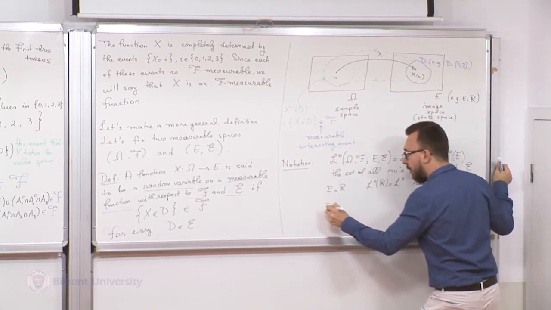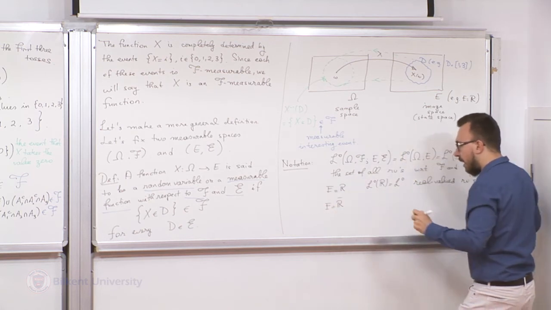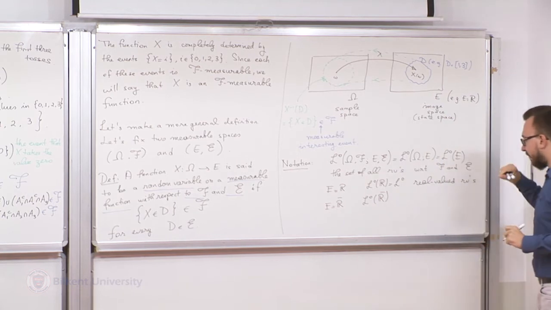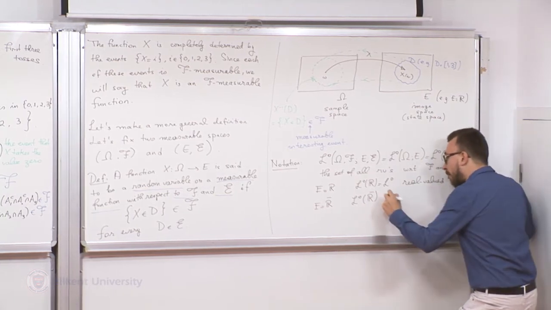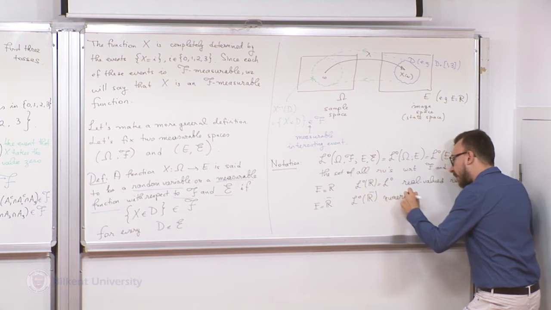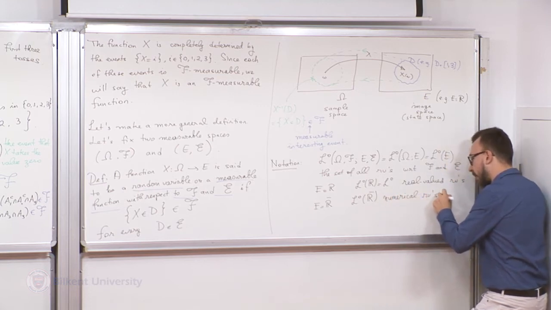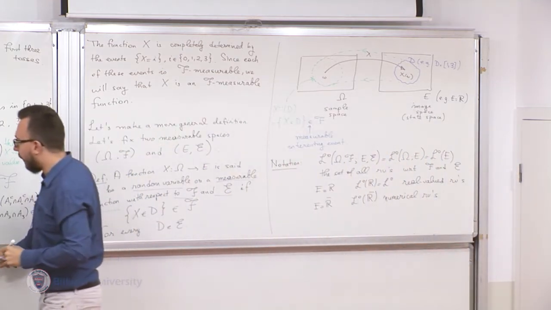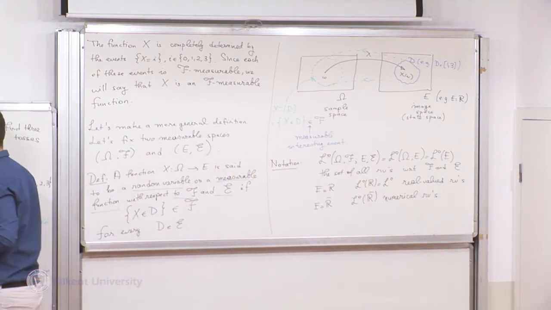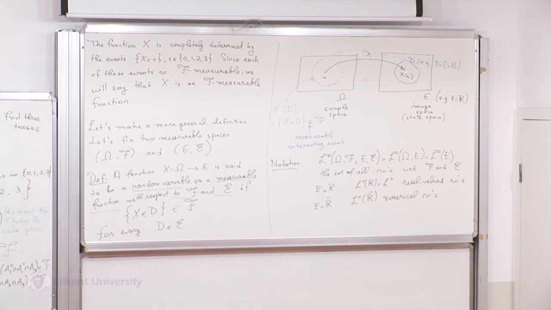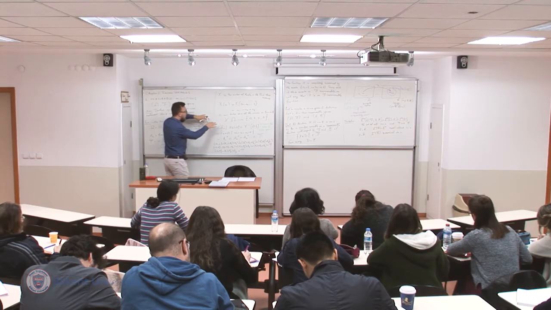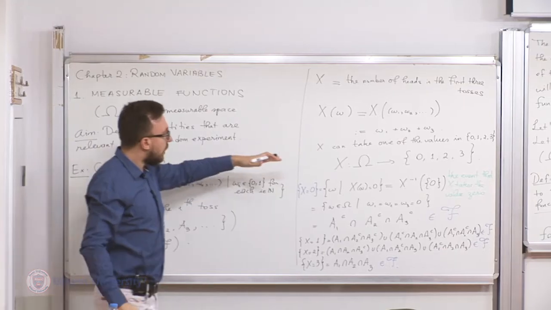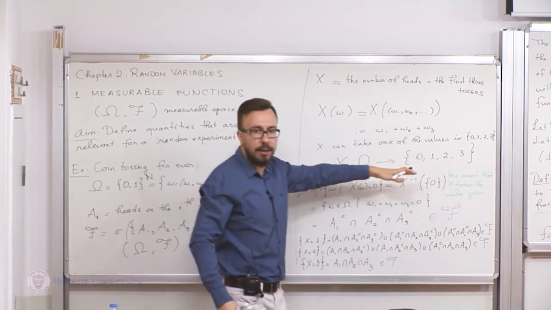When you write E equals R bar, we're going to call them numerical random variables. Numerical. Set of all numerical random variables. For instance, the X in our example is a numerical random variable because its values are numbers, right?